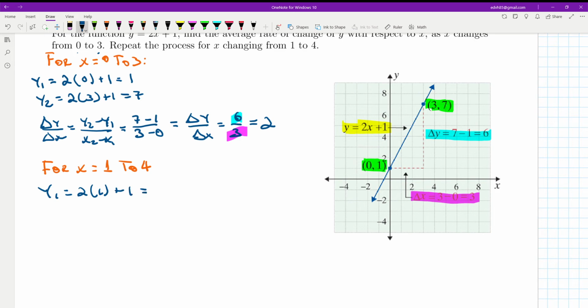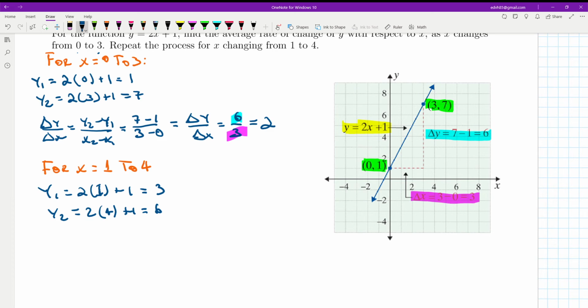Let's verify that. Well, of course, y1 is 3, and y2 equals 2 times 4 plus 1, which is 8 plus 1, which equals 9.